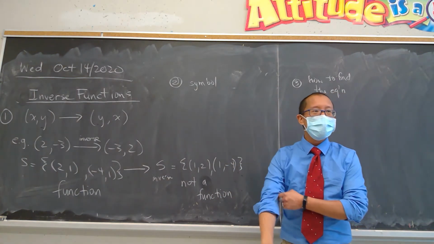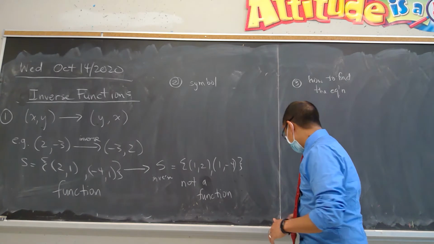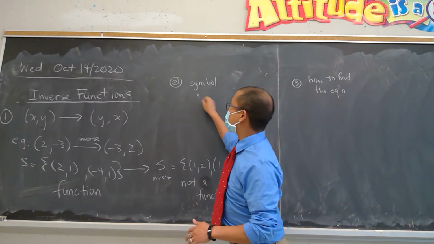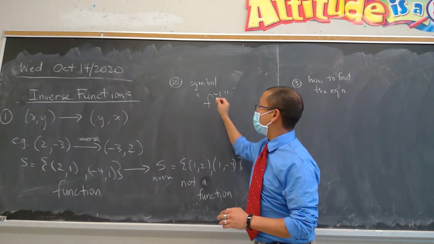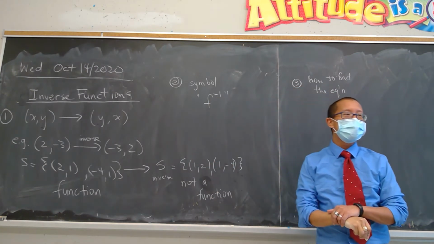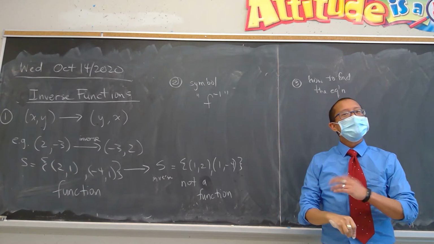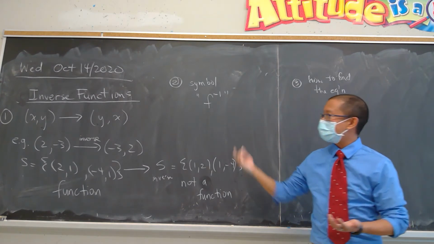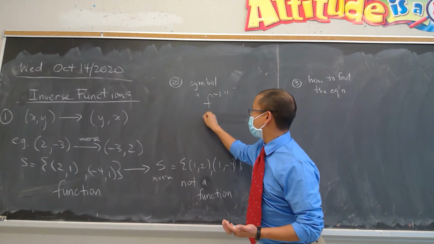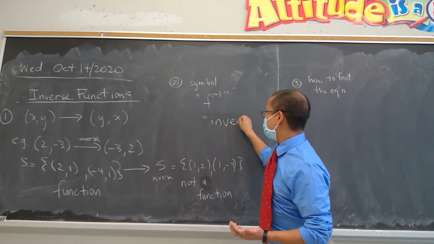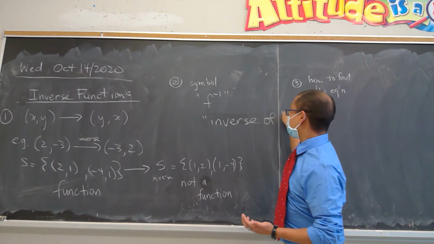The notation we use is going to look weird, but it's going to make sense. This is the symbol for inverse, f to the -1. So we don't say f to the -1. This in English says inverse, so I'll write that a little bit larger. Inverse of whatever.